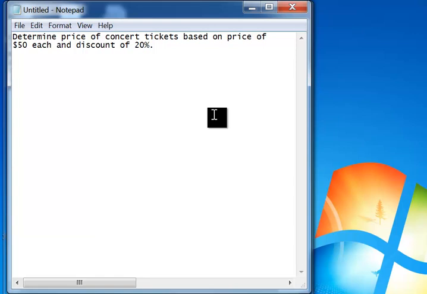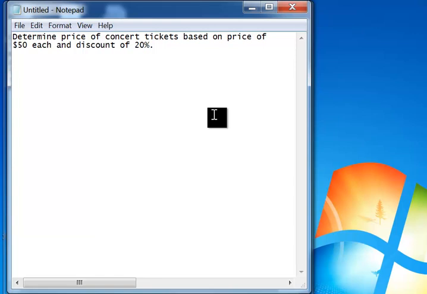This is sort of a vague question. Nobody says I'm giving you this. What would the inputs be? Determine the price of concert tickets based on a price of $50 each and a discount of 20%. You might assume there's only one ticket or two tickets. That might be a question you go back and ask your user: am I supposed to do this for a certain number of tickets? The answer for this one could be yes.